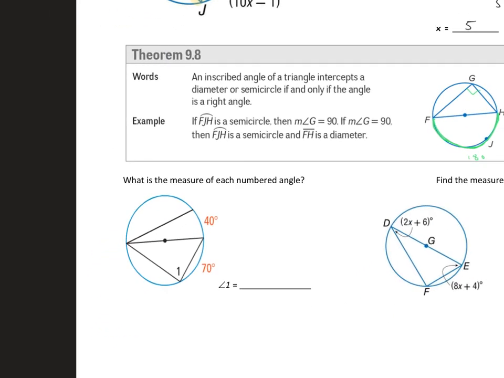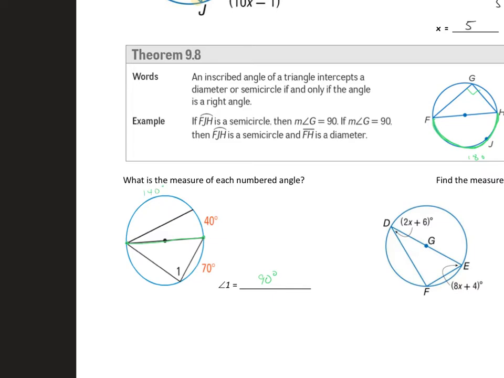So here, if I'm asking you, okay, what is angle 1? Well, I know that this segment right here is a diameter. So that means angle 1 is just 90 degrees. Again, we have some skills that are available to us. We know that a semicircle is 180, so that means this arc is 140 degrees.